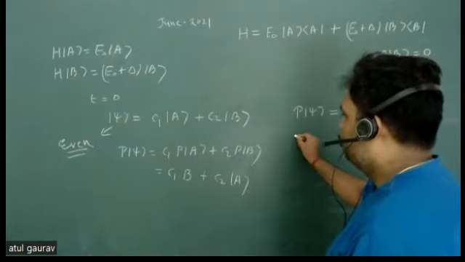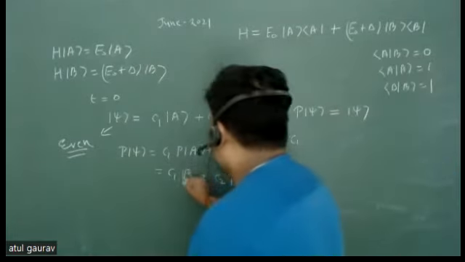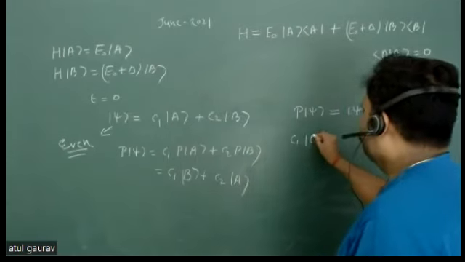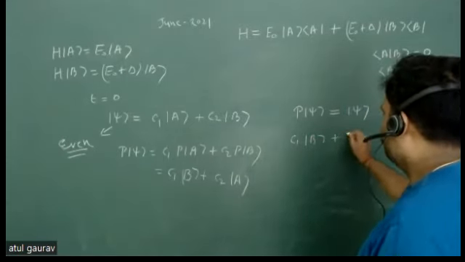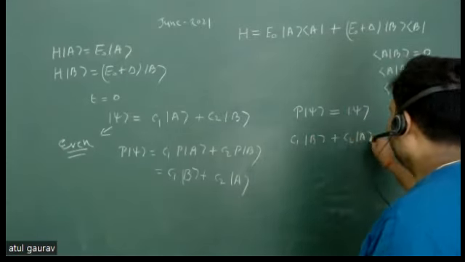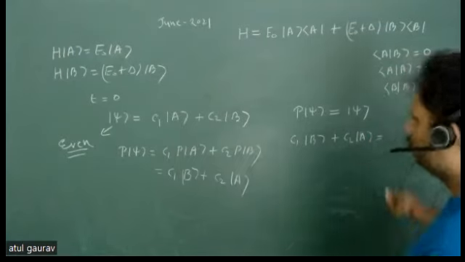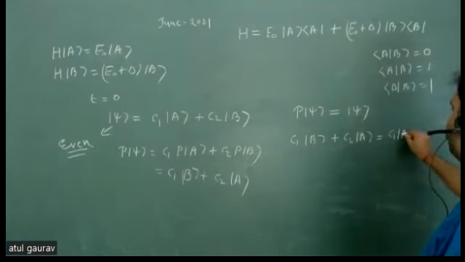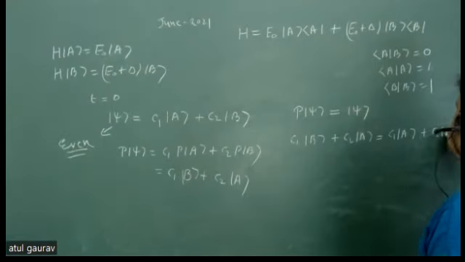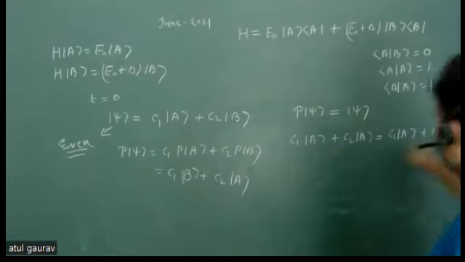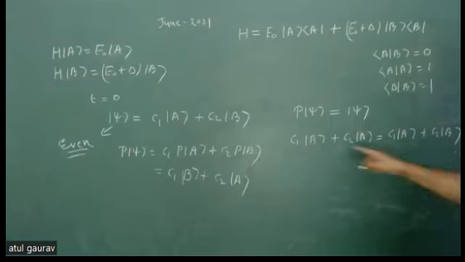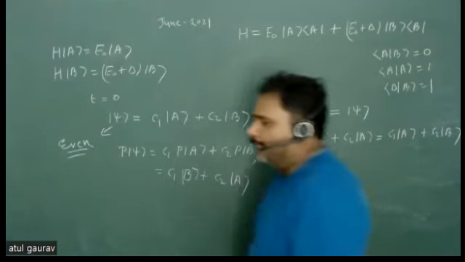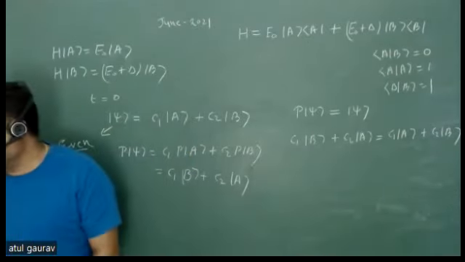That means C1 B ket plus C2 A ket must be equal to C1 A ket plus C2 B ket. What is the meaning of that? From here we can easily figure out the values of C1 and C2.